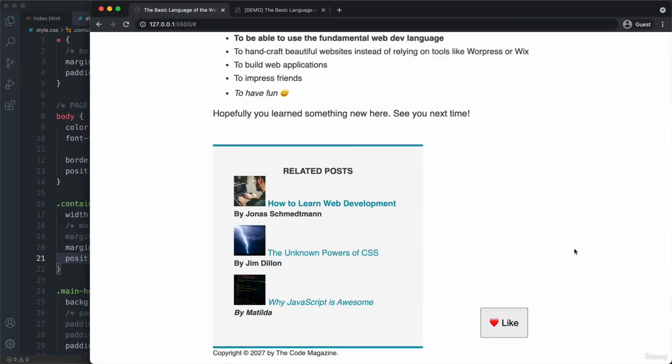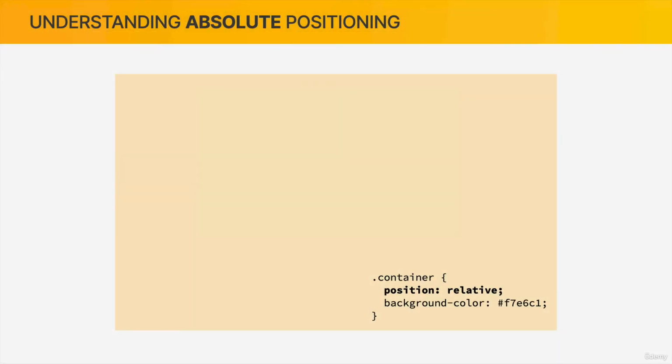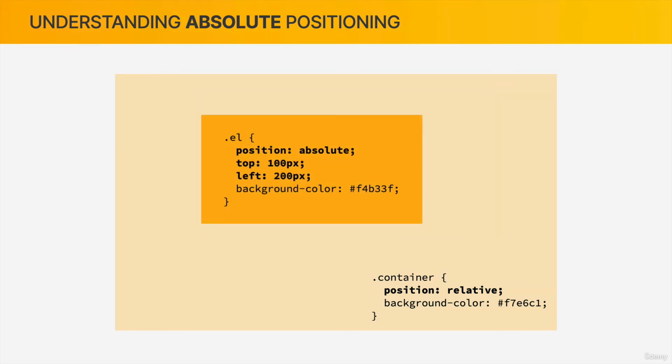All right. And to make this even more crystal clear, let's take a look at a graphical explanation of this. So let's imagine that we have this kind of yellow element here with the container class, and it has its position set to relative. Then we have another element, which is this one here, so this orange element, and it has its position set to absolute.